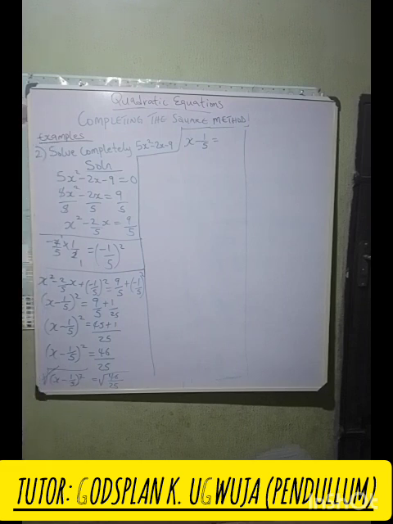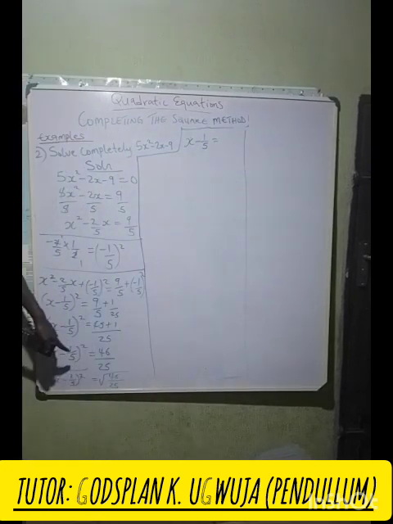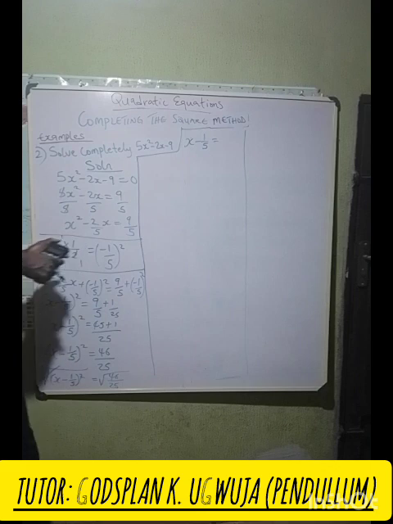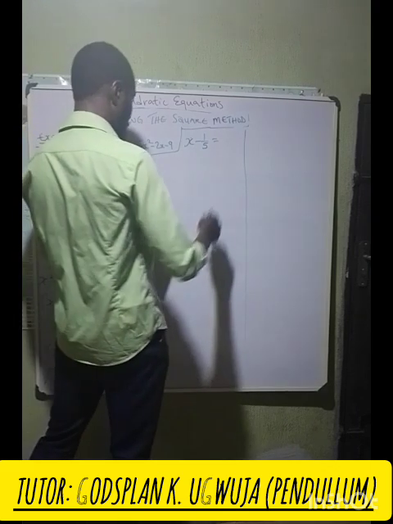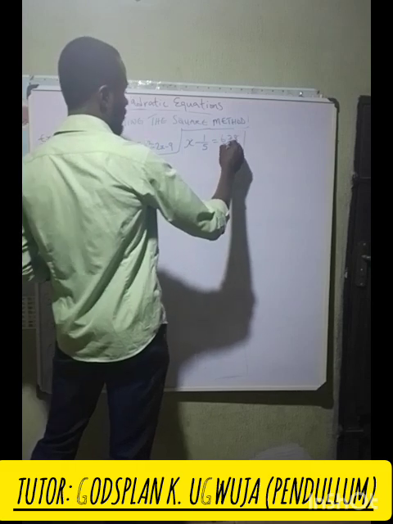If you cancel these two, this will be left on one side, and on the other side you have the square root of 46 divided by 25. The square root of 46 is I think 6 point something, 6.78, all over 5.